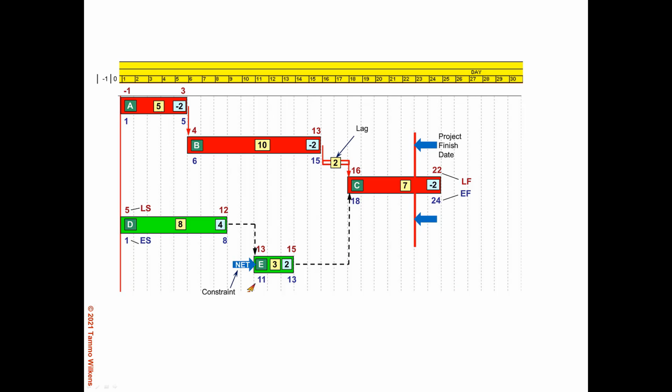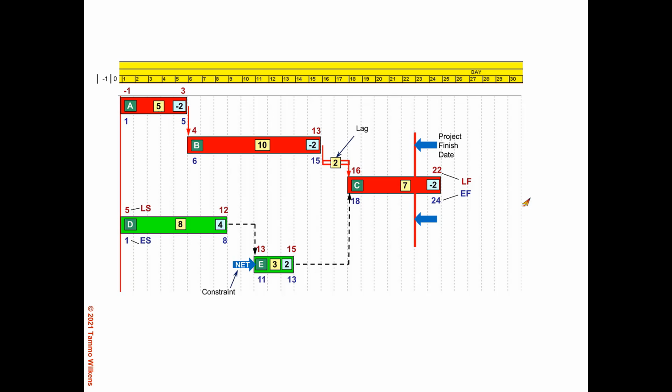Again, the difference here is that the constraint pushes the early dates on activity E out, further to the right, closer to the late dates. So E does not have quite as much float as D has. So we still have the longest path being a critical path. Okay, so we're still adhering to that definition.